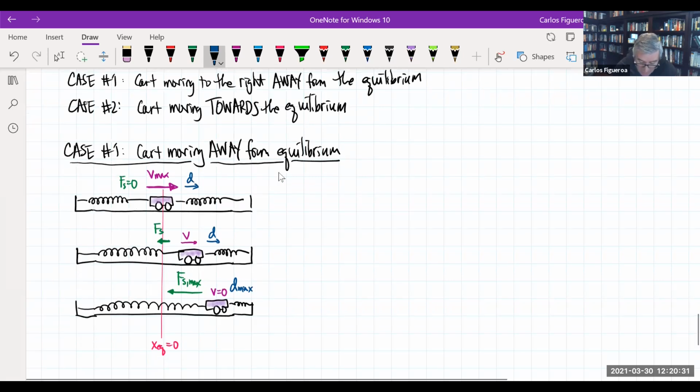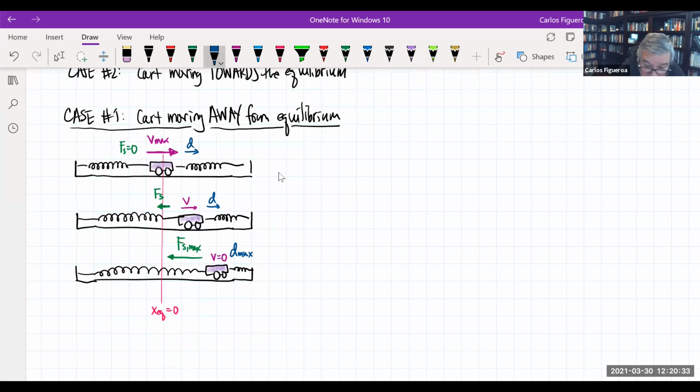So at this point, I should be highlighting a couple of things here.